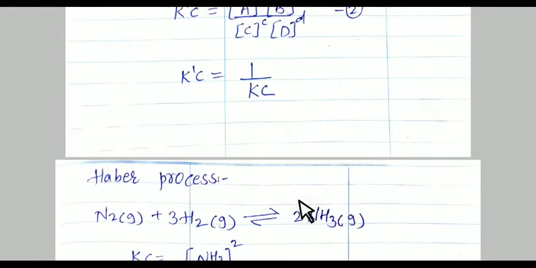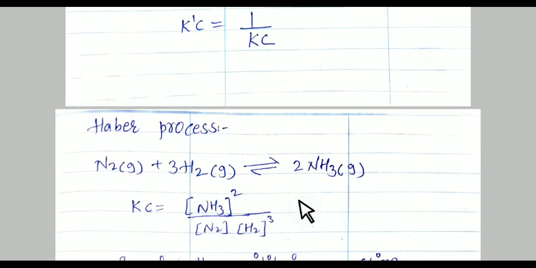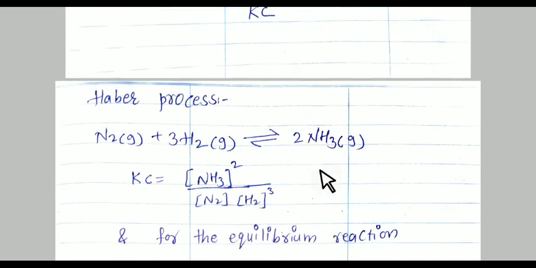This equilibrium we can understand from the Haber process also. In the Haber process there is a synthesis of ammonia, meaning nitrogen and hydrogen react with each other and form ammonia molecules. It is also a reversible reaction.